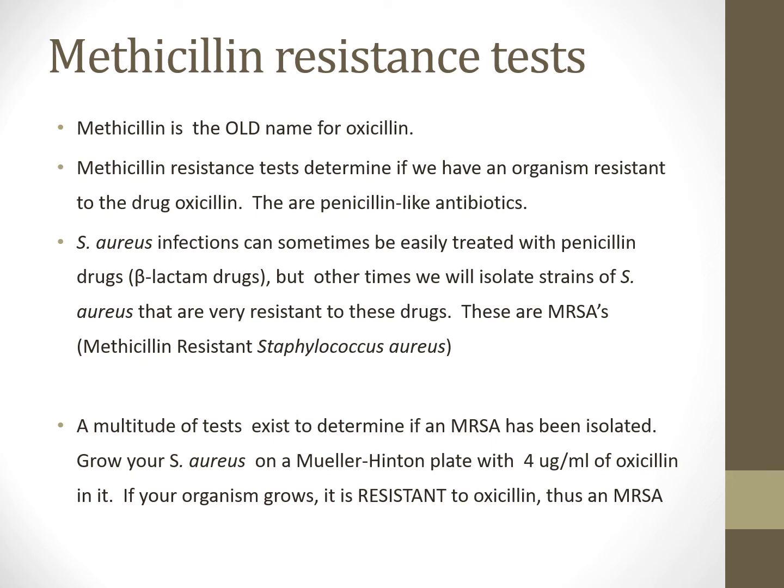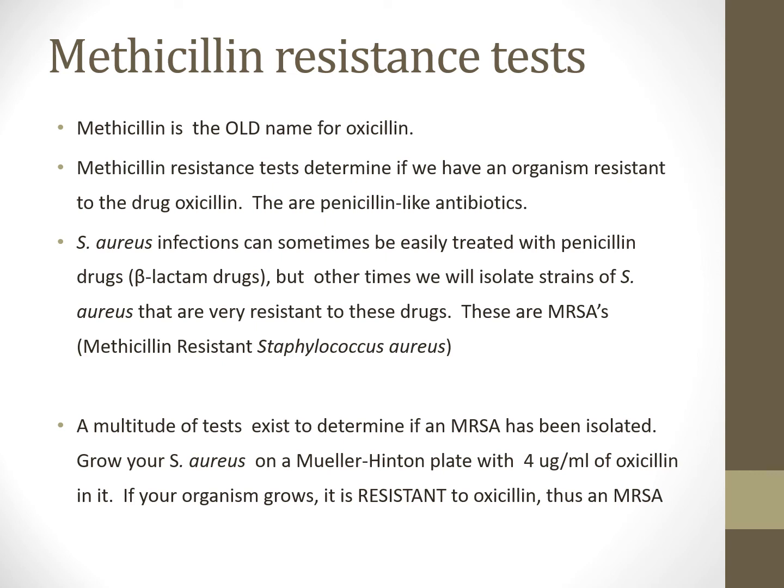By 1975, 2% of all Staph aureus were MRSA, and by 1996, 35% of Staph aureus were MRSA, and I'm sure that's got to be closer to 50% at this day and age. Staph aureus infections can sometimes be easily treated with the beta-lactam drugs, but other times we have to isolate Staph aureus because they are very resistant and they're not going to respond to the beta-lactam drugs.